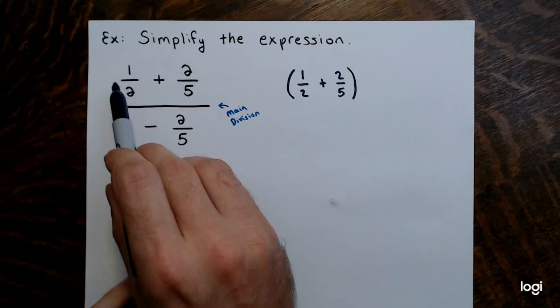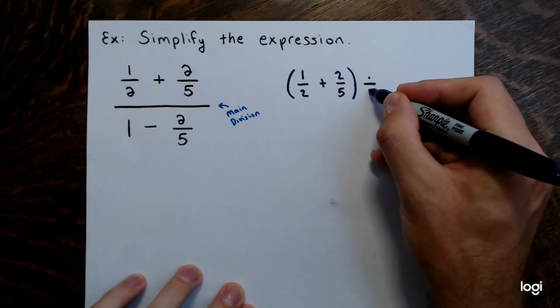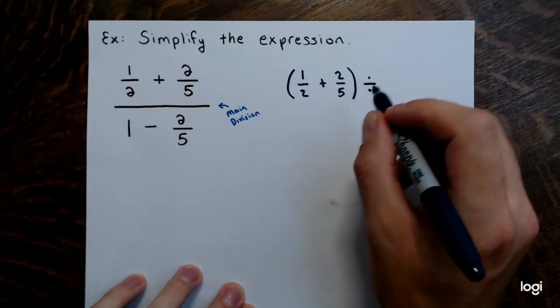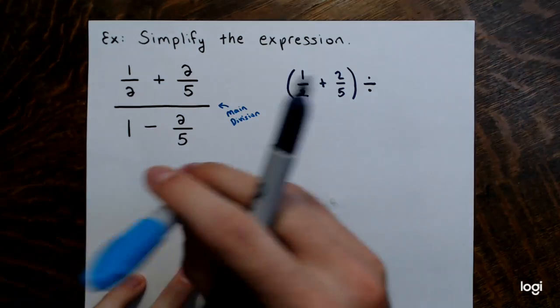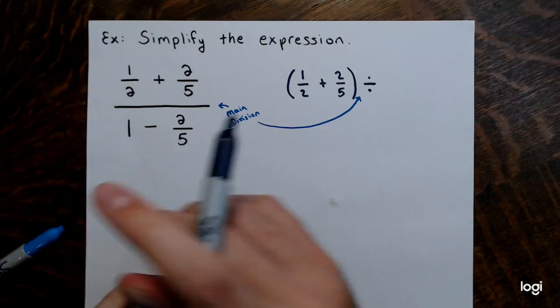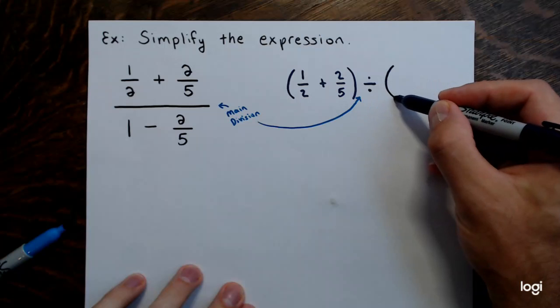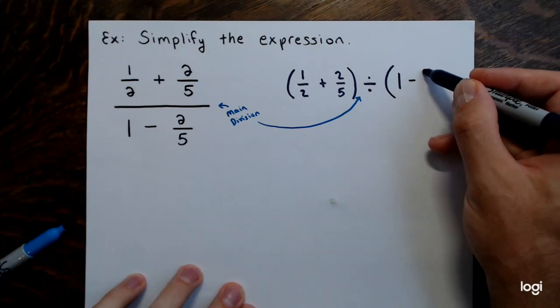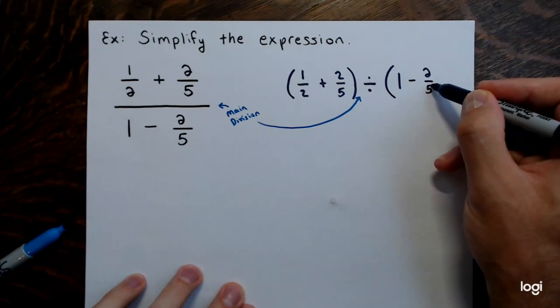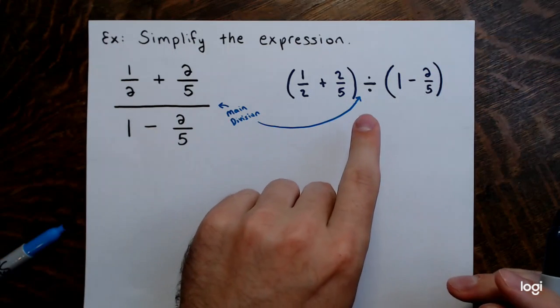So this whole numerator, 1/2 plus 2/5, divided by, this division symbol here represents this bar, and then this whole denominator, right? So in the denominator I have 1 minus 2/5. So you could write this as this as well.